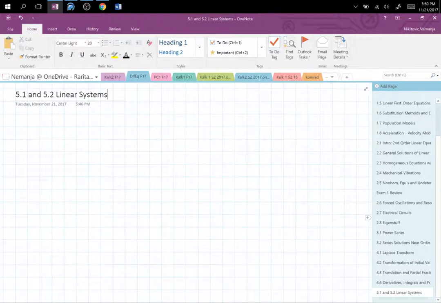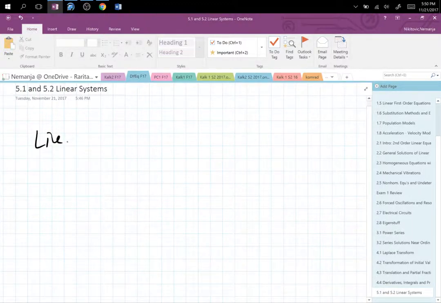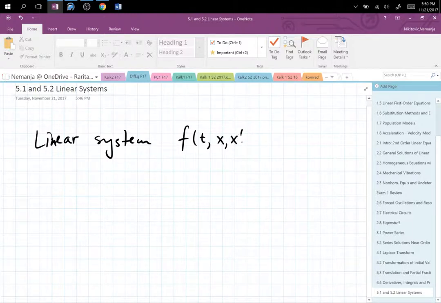Now, what is a linear system? A linear system will contain at least two functions. So one function with independent variable x, x prime, x double prime, and so on, equal to 0.